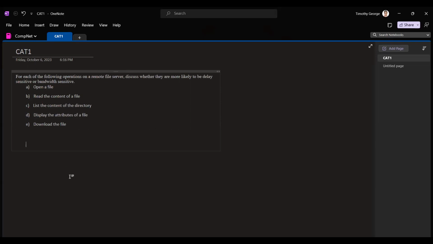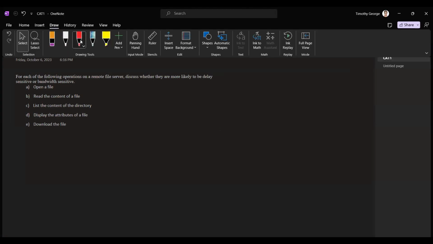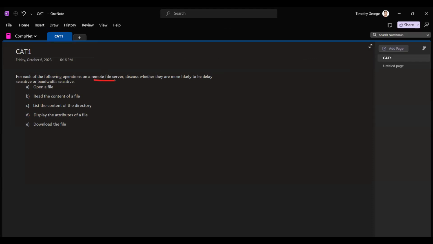The question says: for each of the following operations on a remote file server, discuss whether or not they are more likely to be delay sensitive or bandwidth sensitive. What this basically means is you have files on a remote file server.